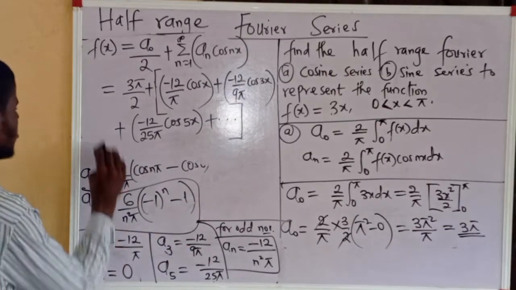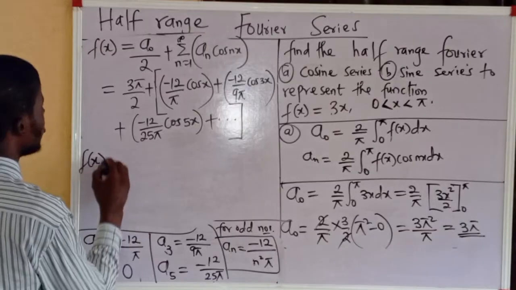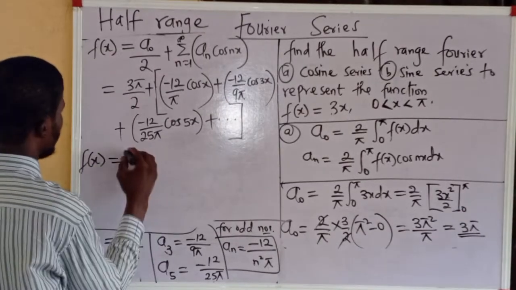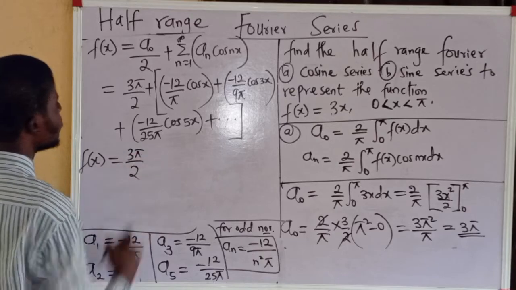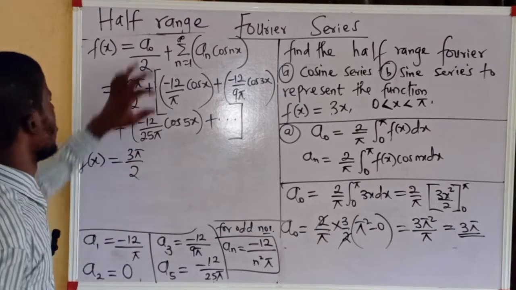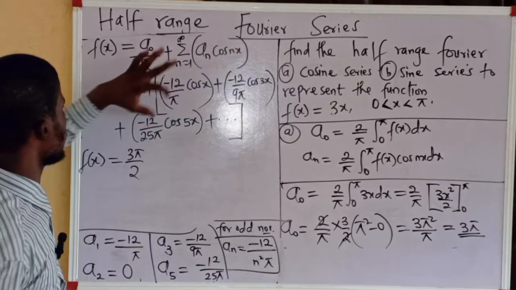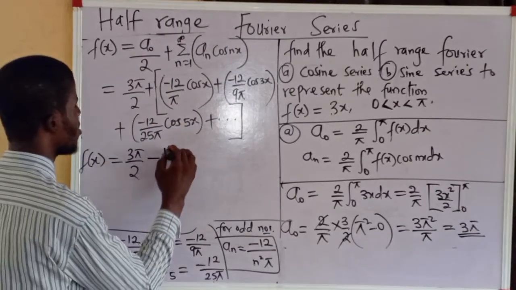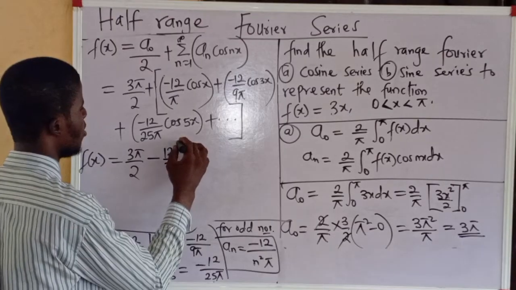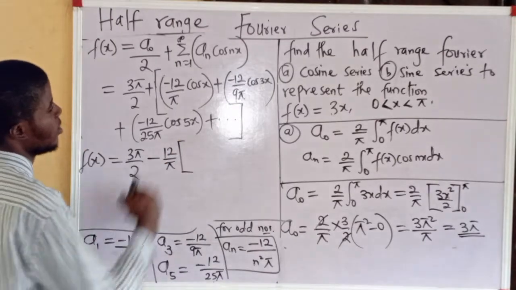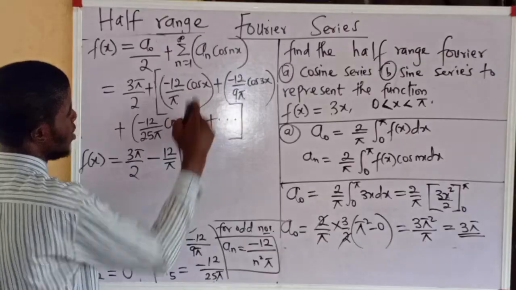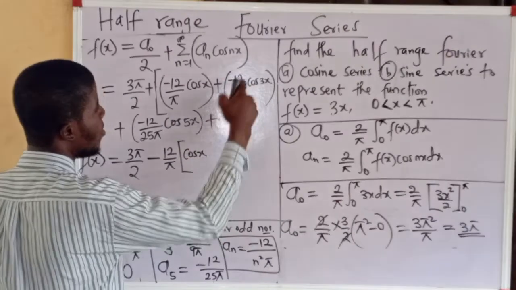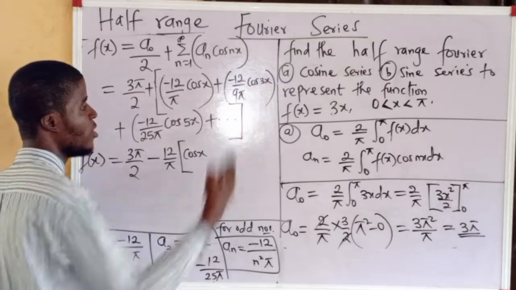So let's simplify this. f of x will be equal to this. a naught is 3 pi over 2. I can see that minus 12 over pi is common to all the terms in this bracket. So minus 12 over pi can come out, and we have here cos x. What's left here? 1 over 9 cos 3x.